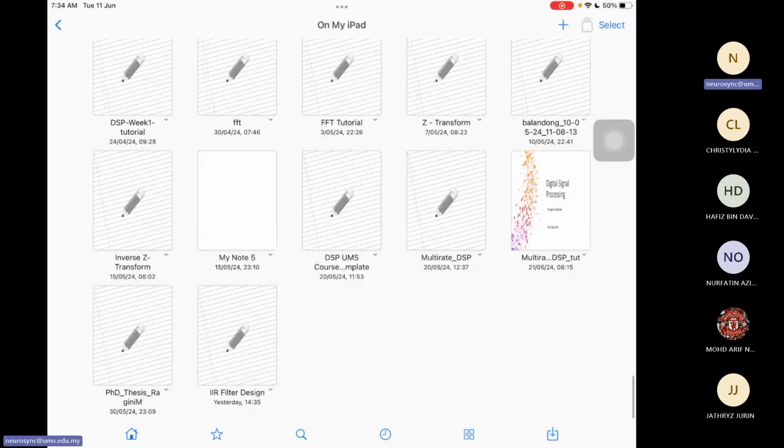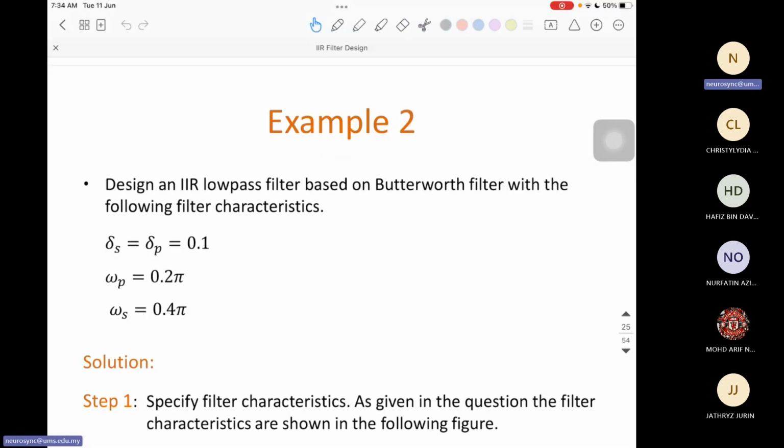Okay, so yesterday we started with the IIR filter design, that is infinite impulse response filter design. Basically, we designed this filter using the continuous time Butterworth filter. To design this filter, we should know some specifications first.